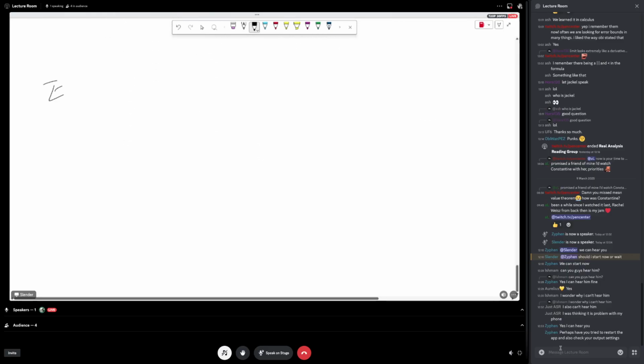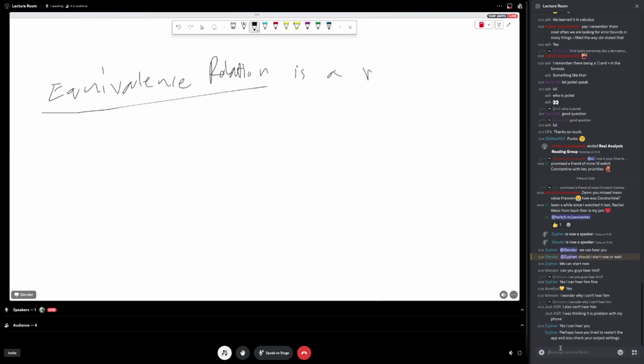So now we can discuss what is an equivalence relation. An equivalence relation is a relation R, actually we denote it with the tilde symbol, such that it satisfies three properties.